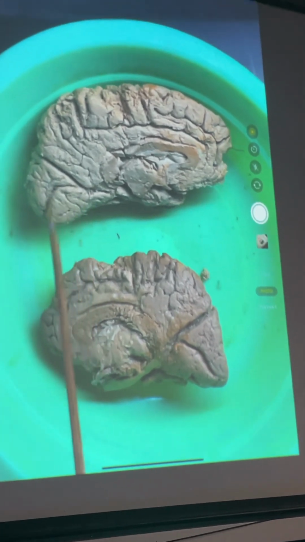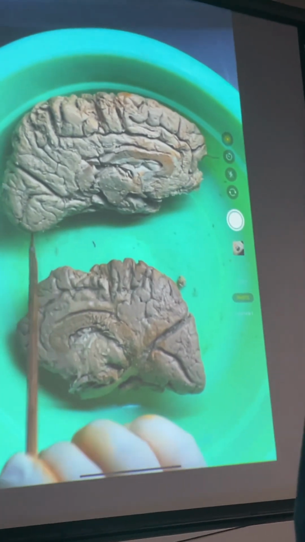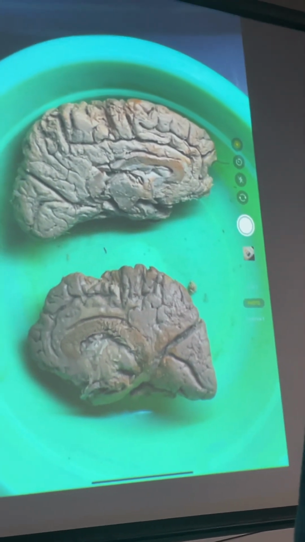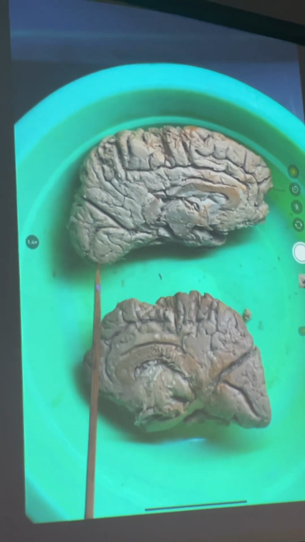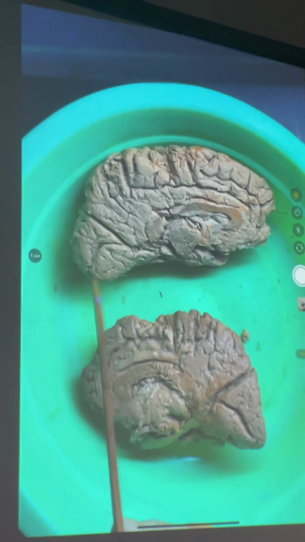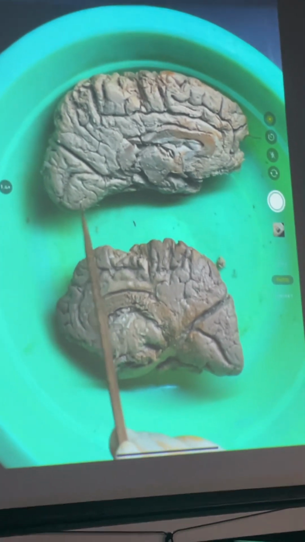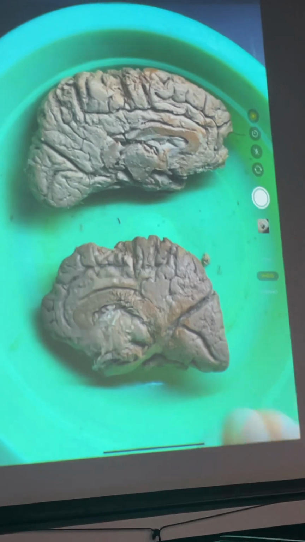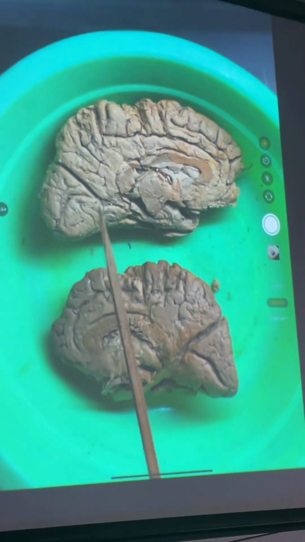The calcarine fissure is the mouth. And you have the lingual gyrus as the part of the jaw. That's why it's called lingual gyrus, because it contains the tongue. It's just me. It's not part of your books.